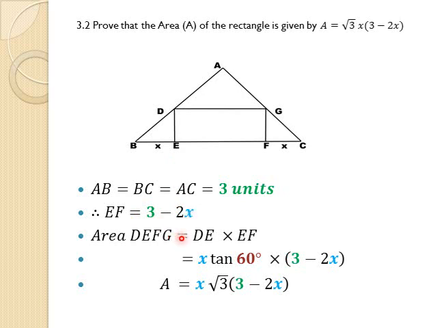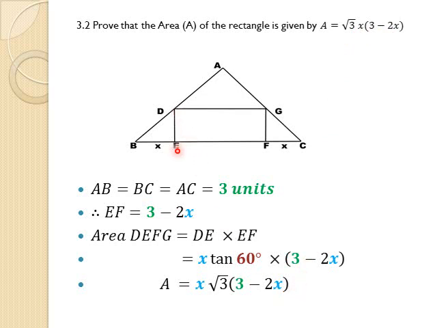So for area of a rectangle, I assume you know, length times breadth, or DE times EF. DE from the previous problem we've done is x tan 60. EF there is 3 minus 2x. So 3 minus 2x times x tan 60. Tan 60 equals square root 3. So that becomes x times square root 3 times (3 minus 2x). So there we have the same equation and we've solved.